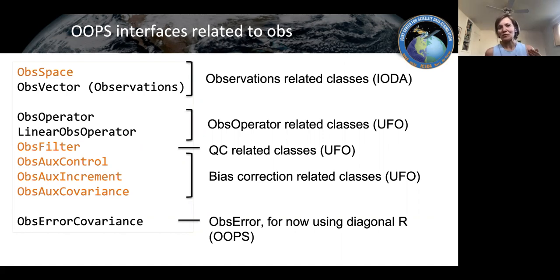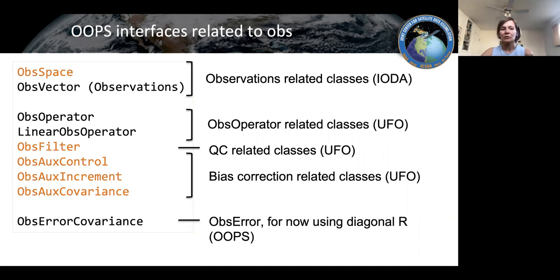It's an interface that could be implemented in a different way, and we could add cross-channel correlations, etc., in the future. For now, we only have diagonal covariances, and they are easy enough to implement in a generic way, so we actually didn't have to have an implementation in UFO for that. It's a class that just lives inside OOPS, and OOPS already provides you with the diagonal observation errors.